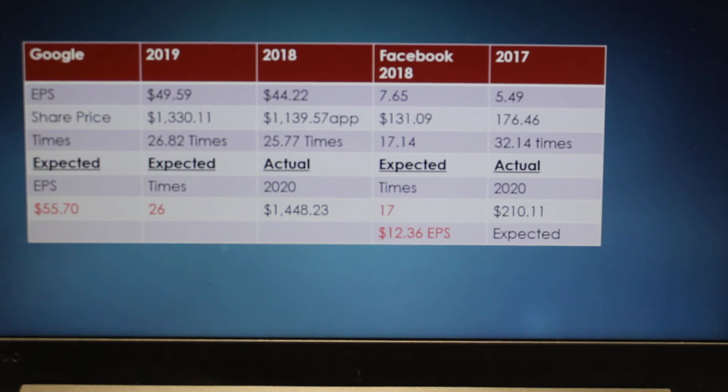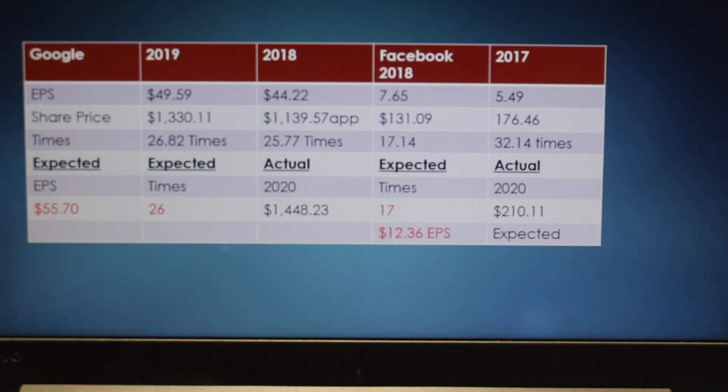If we were to work out the times, we would realize that in 2018 it's 25.77. So it would take you 25 years, or nearly 26 years, to recover your initial investment based on the earnings that Google is getting.